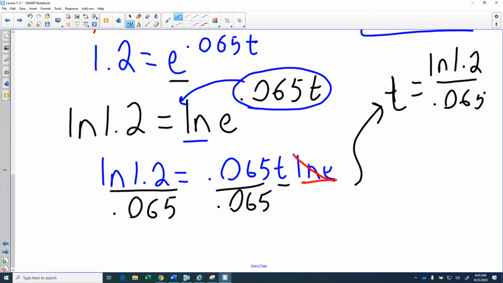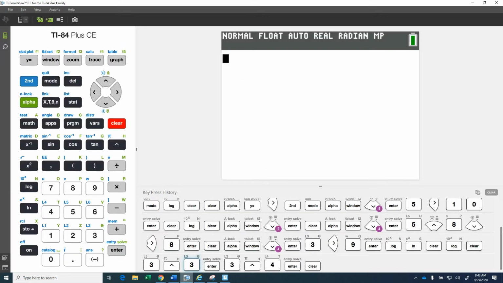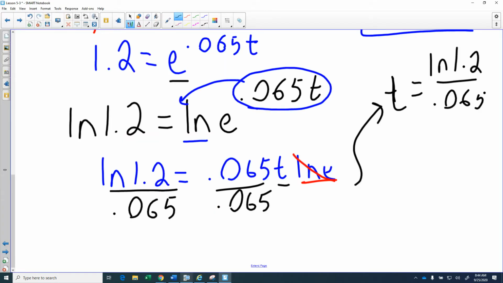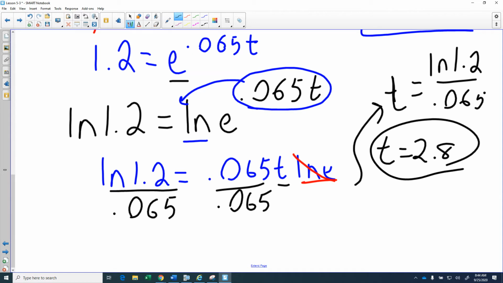That I can just plug right into a calculator, and I get an answer of 2.8. So it takes about 2.8, or if we round up, about 3 years to get to that value. So time is equal to 2.8.